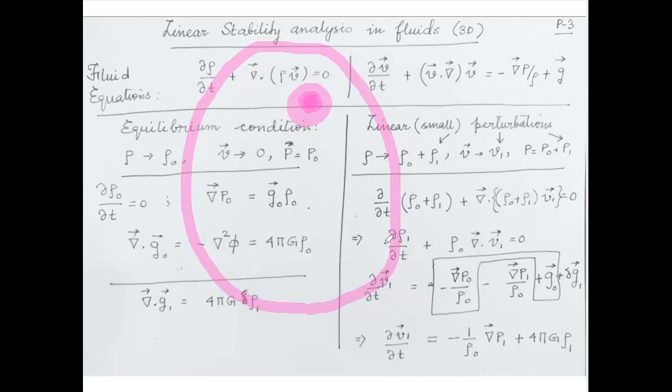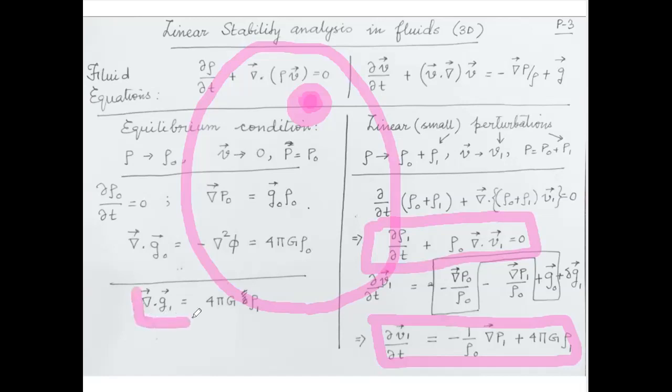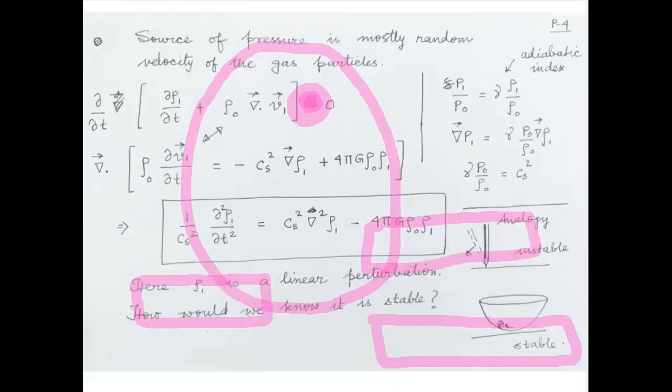This is the continuity perturbation equation, and this is the Euler equation part of the perturbative equation. We also note that for the corresponding equation written here for the gravity, I will get a similar thing for the perturbative part of rho 1. So G1 will come from the density perturbation rho 1, and that will be given by this. Okay, so let's move on and try to use these things.